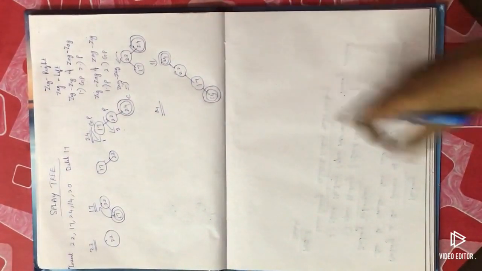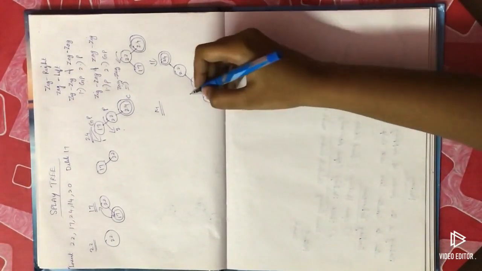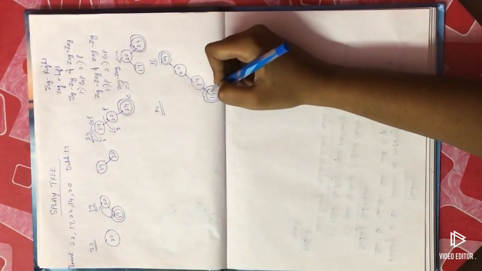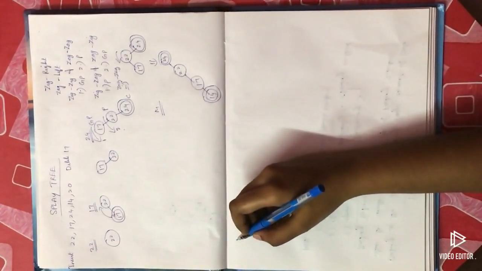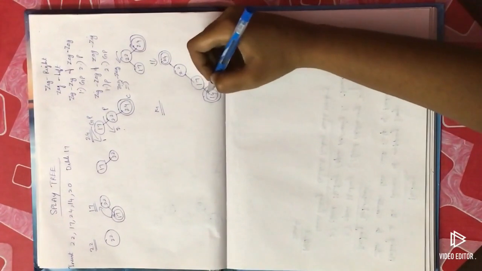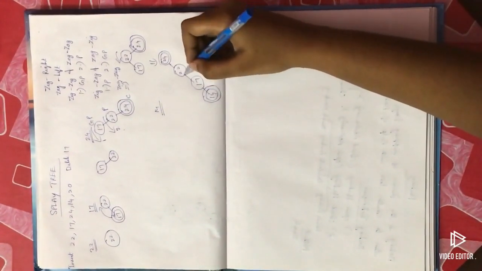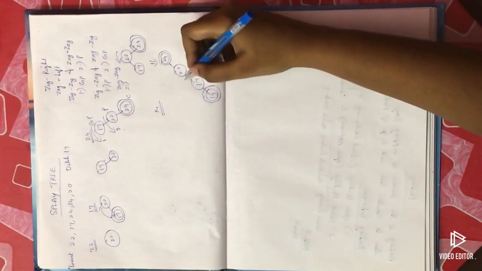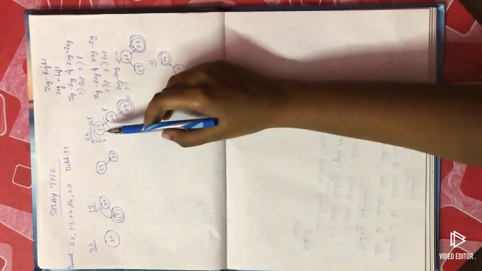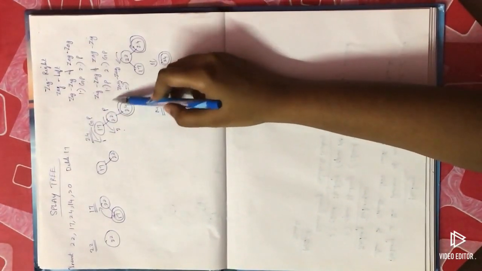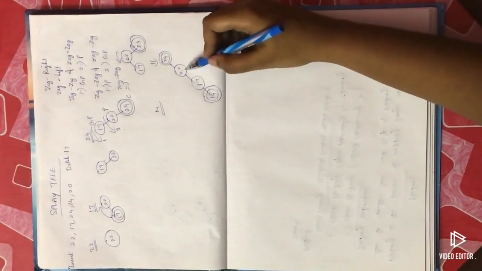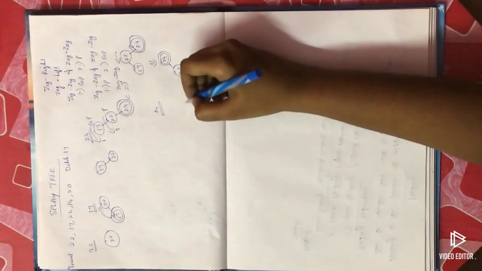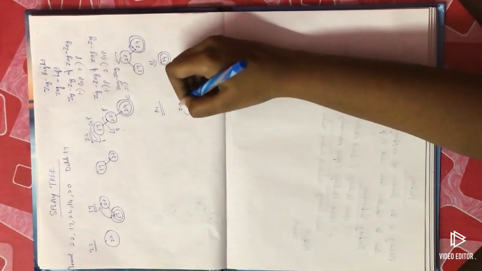I am going to splay this 14 to the root. What rotation do we follow? If the element is at the left side, we follow the zig-zig rotation. If the element is at the right side, we follow the zag-zag rotation. So here I am going to do the zig-zig operation.